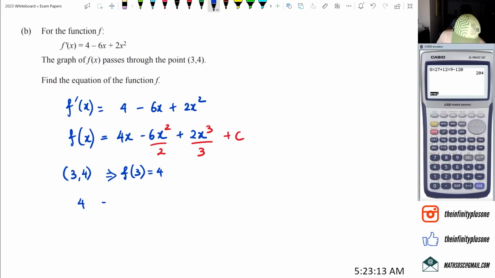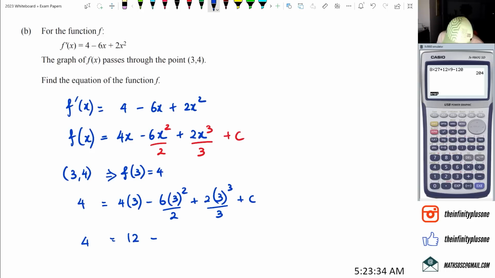So I'm going to substitute it in here: 4 is equal to 4 times 3 minus 6 times 3 squared over 2 plus 2 times 3 to the power of 3 over 3 plus c. I might just make it a bit simpler first. That's going to be 27, 9 minus that. If I made a mistake, no, I've not made a mistake. It is 3 cubed, but 3 squared.